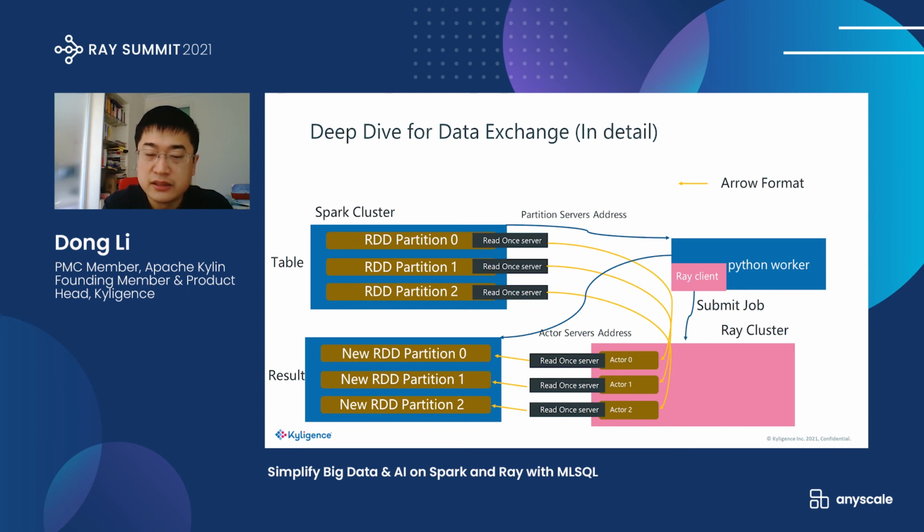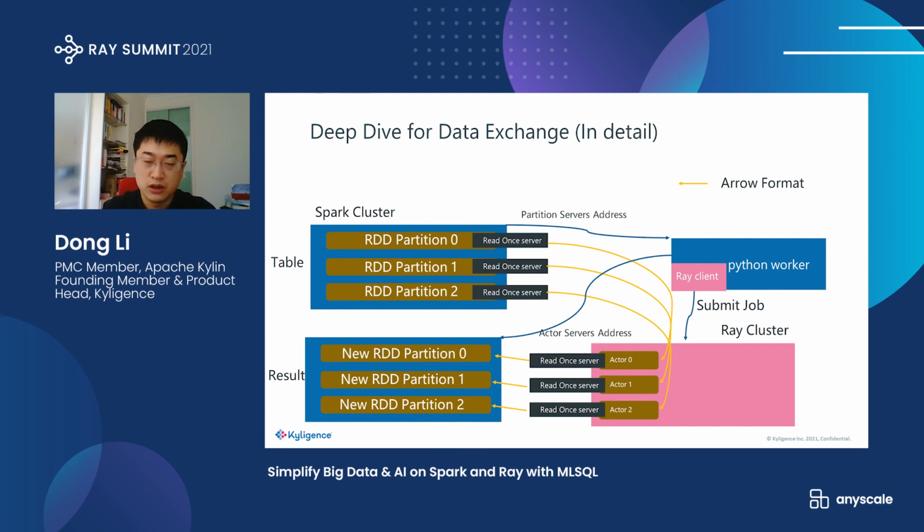Then it will send the addresses to the Spark cluster, so that the Spark cluster will build a new table RDD for the result. The number of partitions in the table is consistent with the number of actors in Ray.